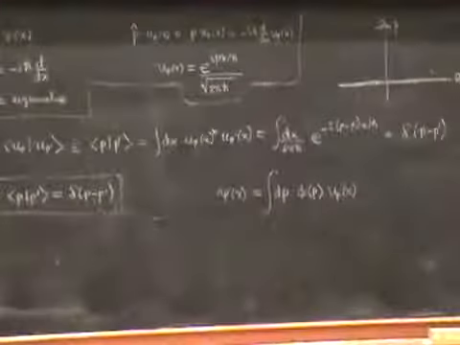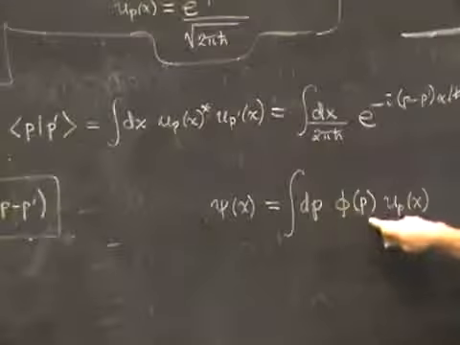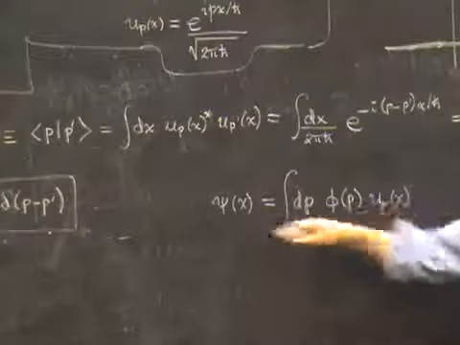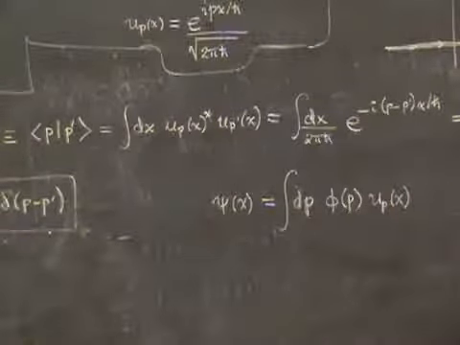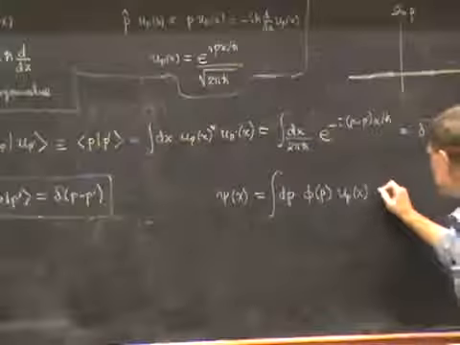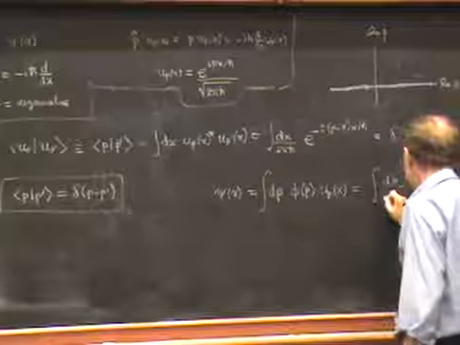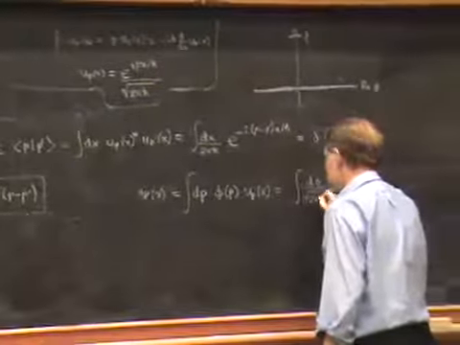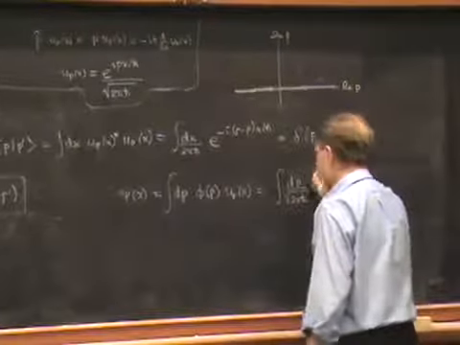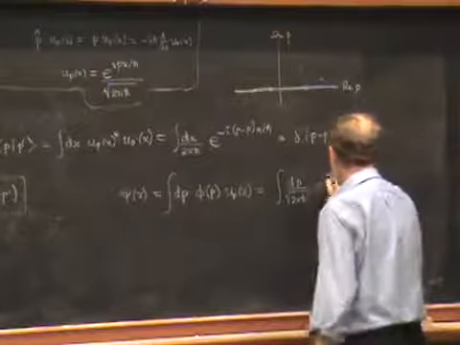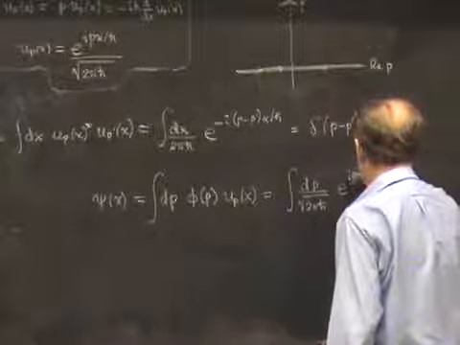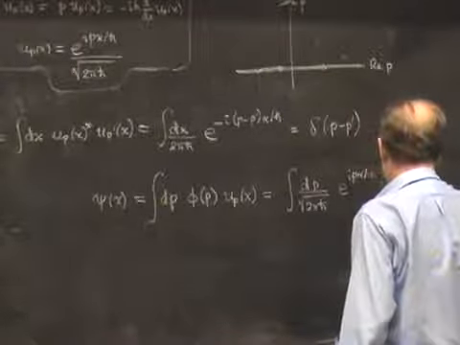That's the idea. We want to see, do there exist expansion coefficients such that any psi of x can be represented this way? And the answer is yes, because if you write this out more explicitly, it becomes the integral dp over the square root of 2 pi h bar, e to the ipx over h bar, and then phi of p.